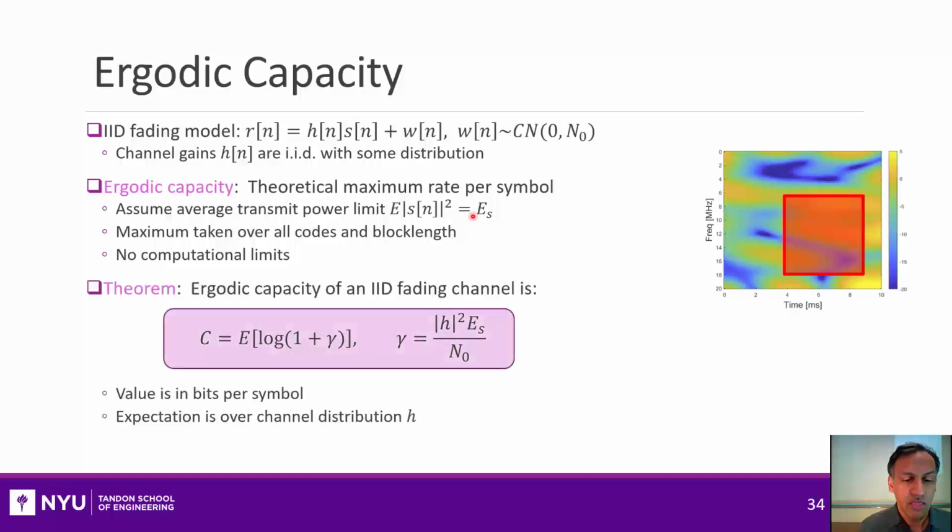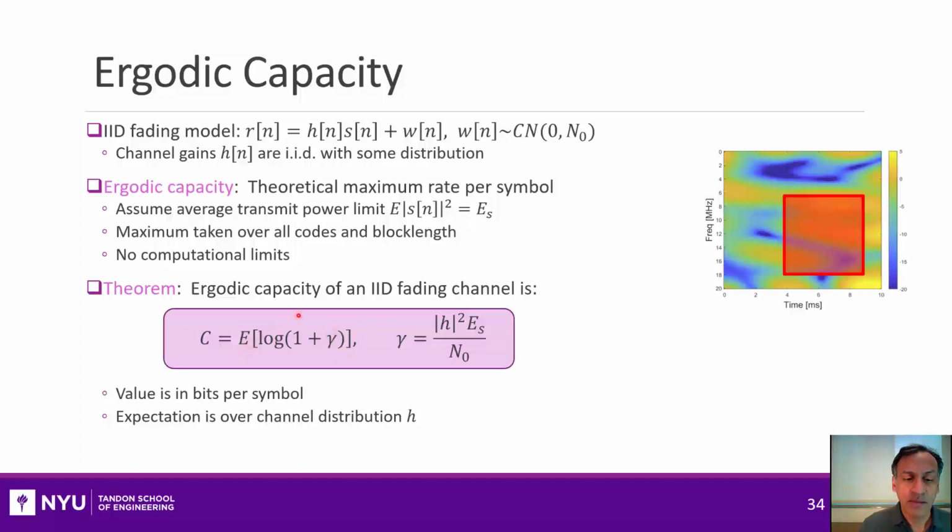The key theorem is the following. It's super easy. So the ergodic capacity, when you're in this IID theoretical universe, is given by the expectation of this expression. You will recognize that the inside of this expression is none other than the Shannon capacity for a given SNR, and you're just averaging over that.